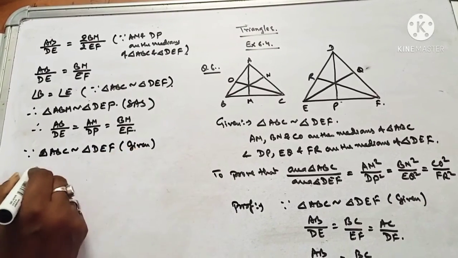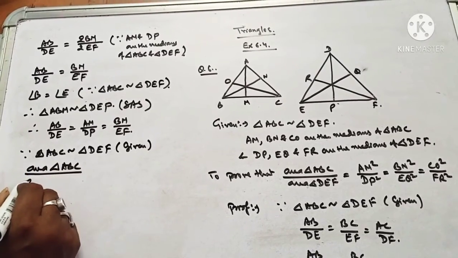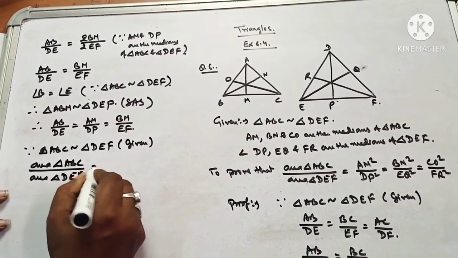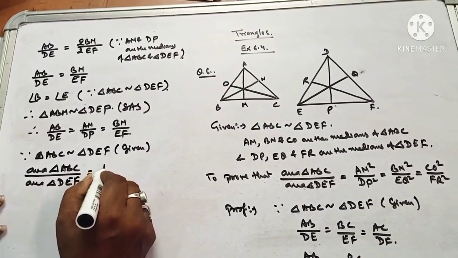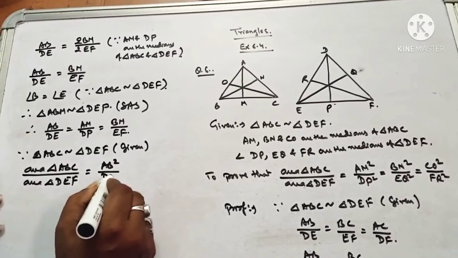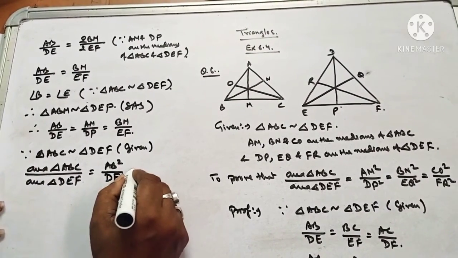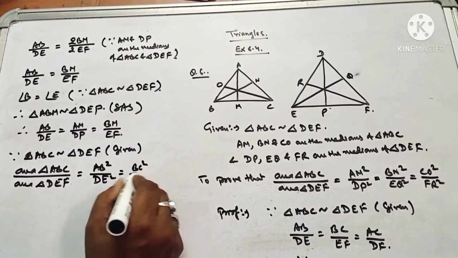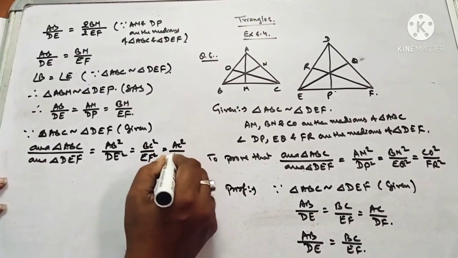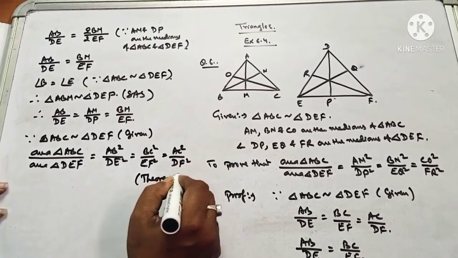So area triangle ABC by area triangle DEF will be equal to AB square by DE square is equal to BC square by EF square is equal to AC square by DF square from theorem 6.6.